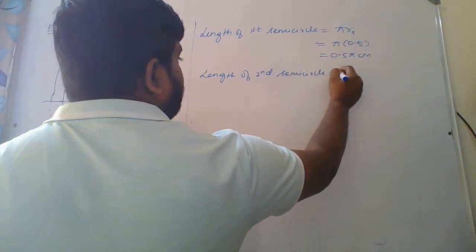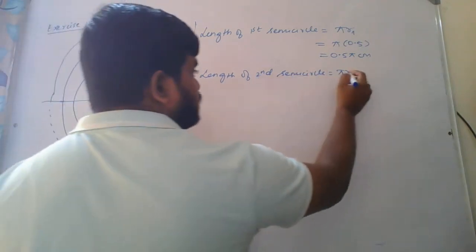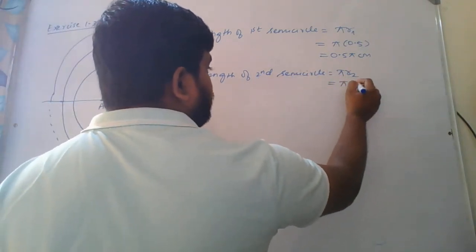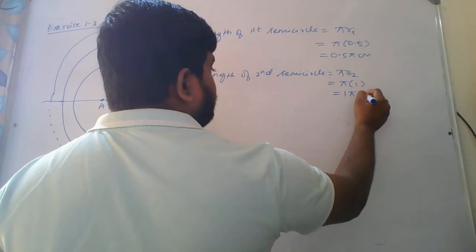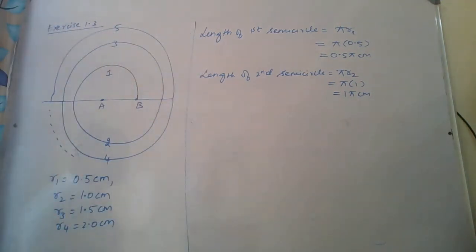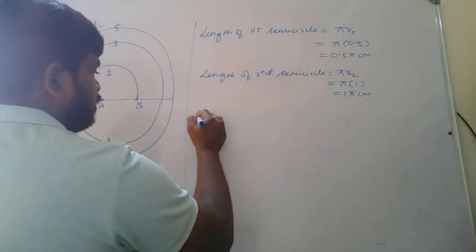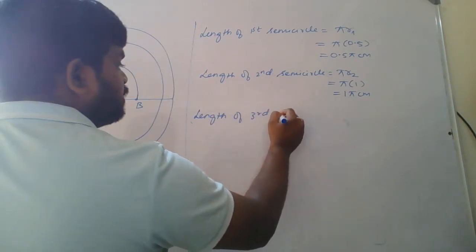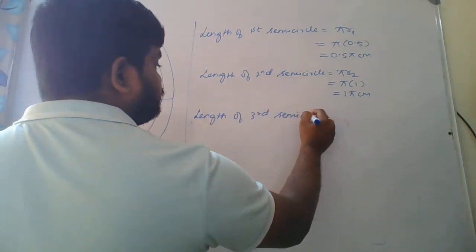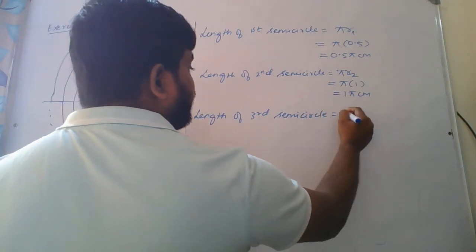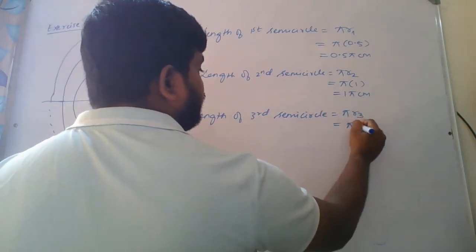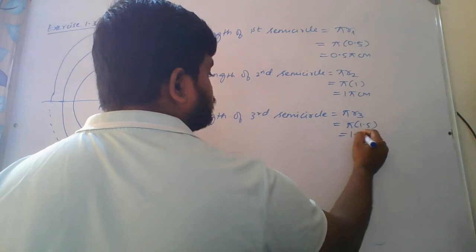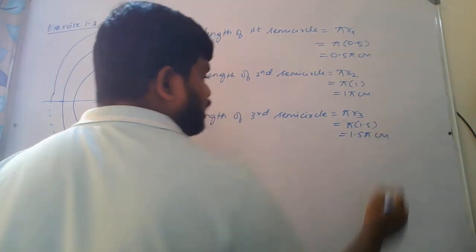How do you find the length? Pi r, but it is second, so let's take it as pi r2. So pi into 1 becomes 1 pi centimeter. Similarly, the length of the third semicircle is pi r3, so pi into 1.5 becomes 1.5 pi centimeters.